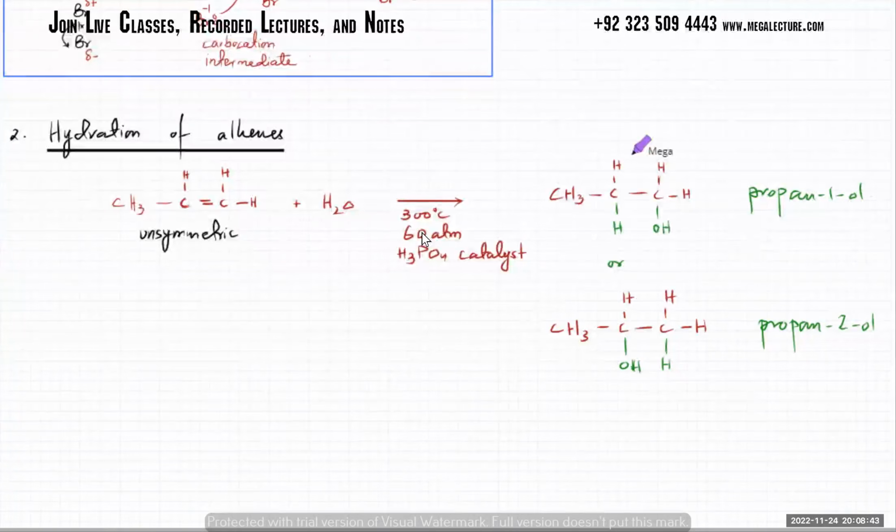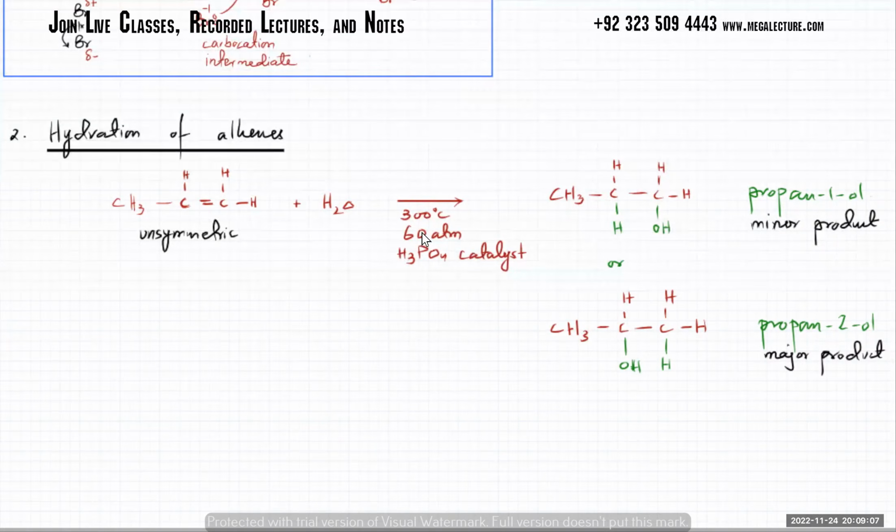The first one that I drew, that's my minor product. And the second one that I drew, that's my major product. So you've got minor and major products.